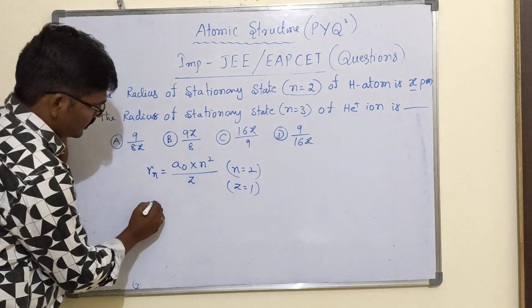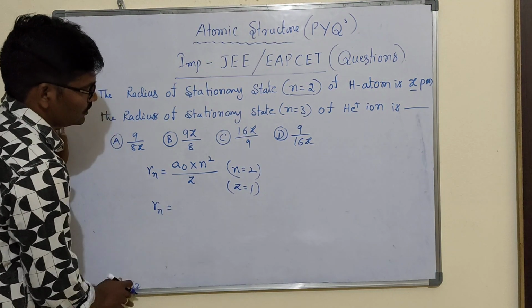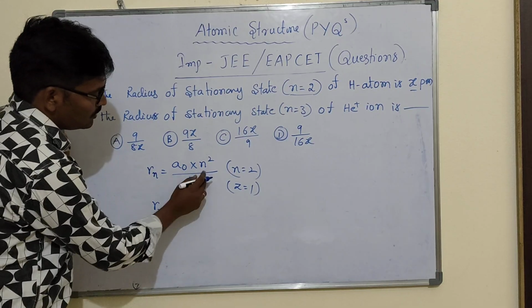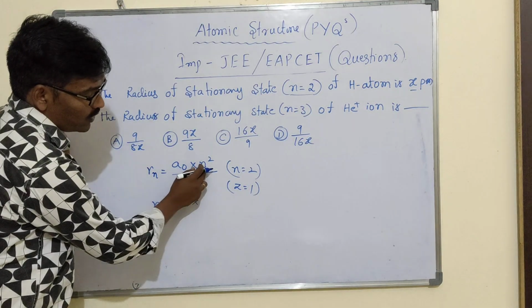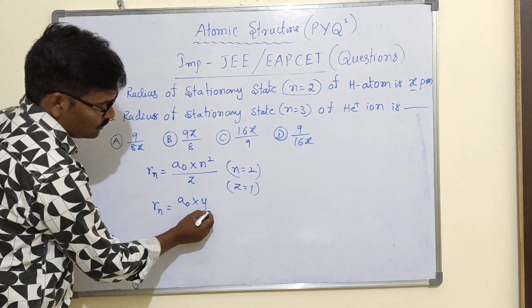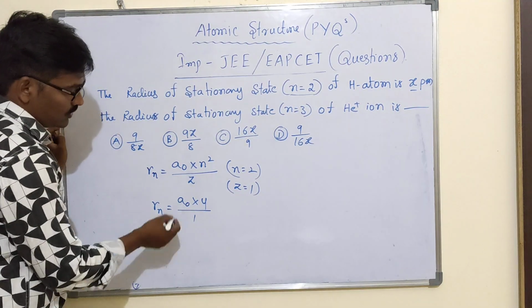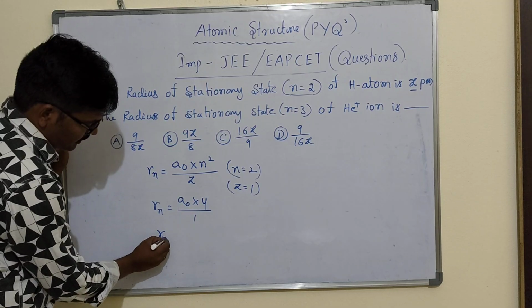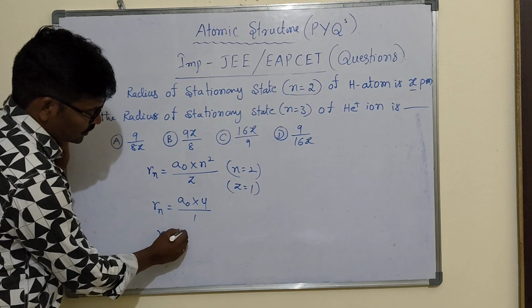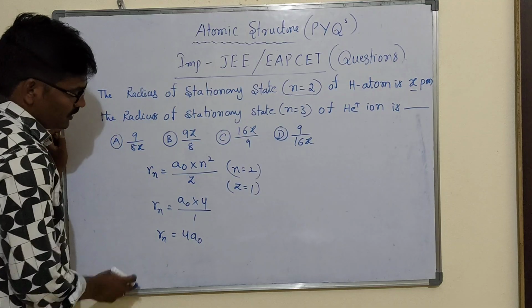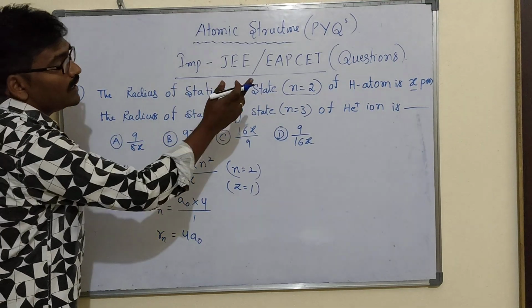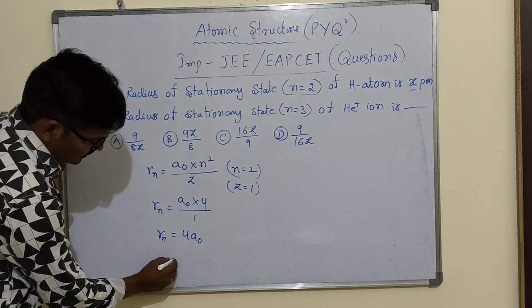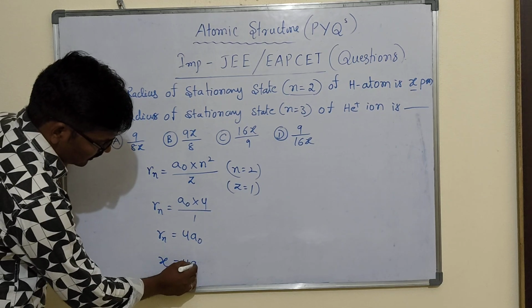So the radius is a naught into 2 square, nothing but 4, divided by 1. So the radius of nth orbit equals 4a naught. The radius is given as x picometers, so x equals 4a naught.